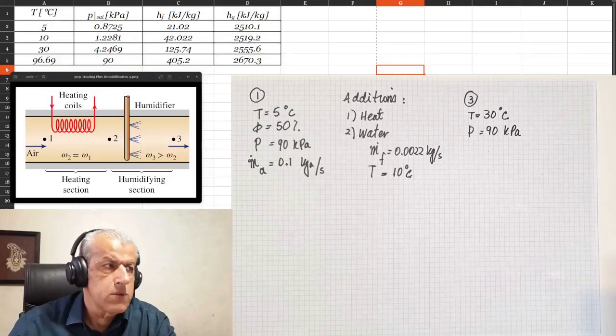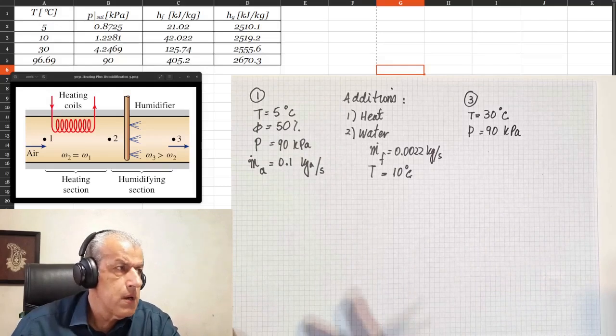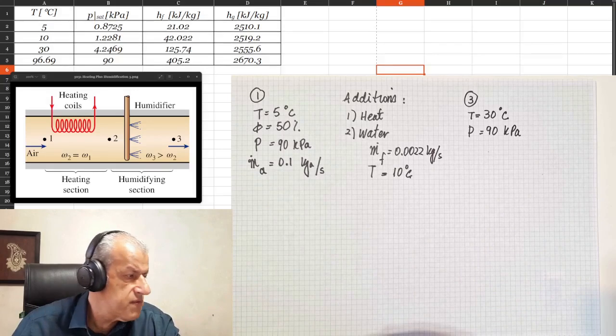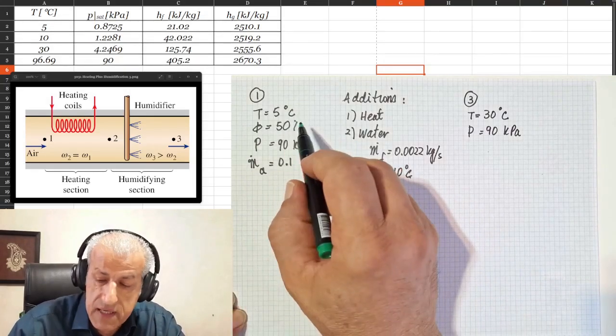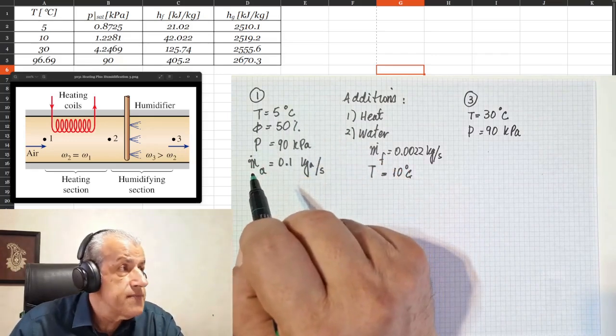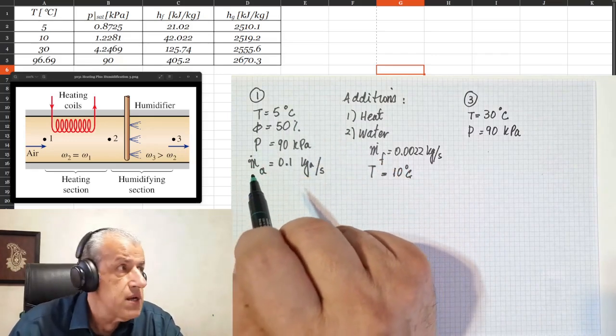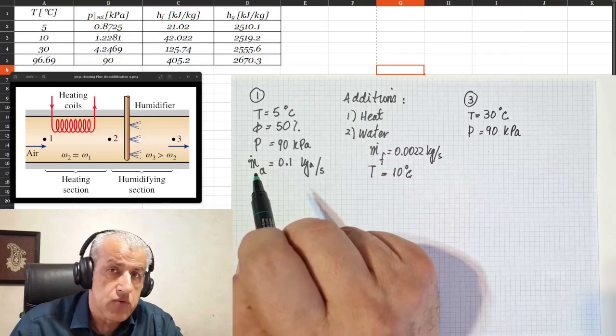I would return to point 1, where the temperature was 5 degrees C and phi was 50%. At 5 degrees C, we know that the saturation pressure is 0.8725.